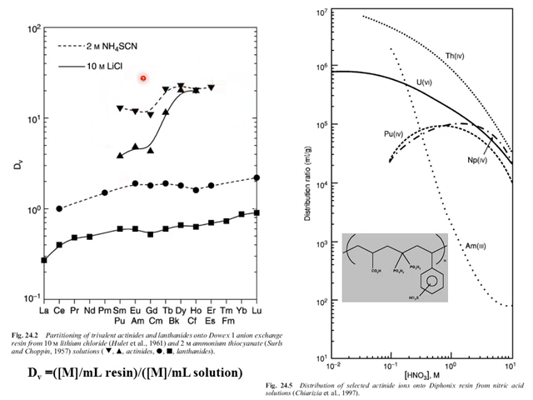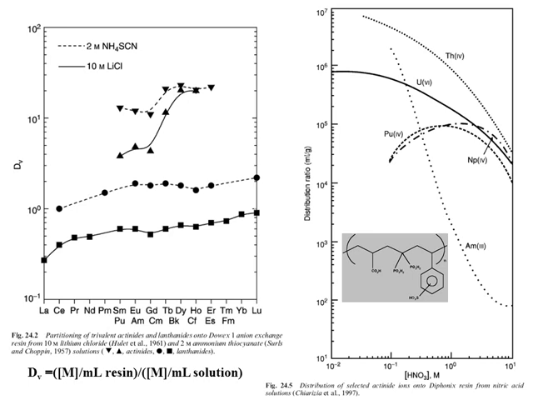This data up here is for the actinides. This data down here is for the lanthanides. And the striking information shown here is that one gets different values in the distribution volume. This distribution volume is concentration per milliliter resin divided by concentration per milliliter solution. A larger number means more metal ion on the resin system.